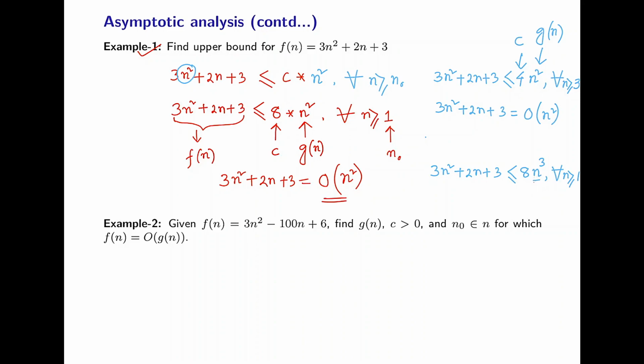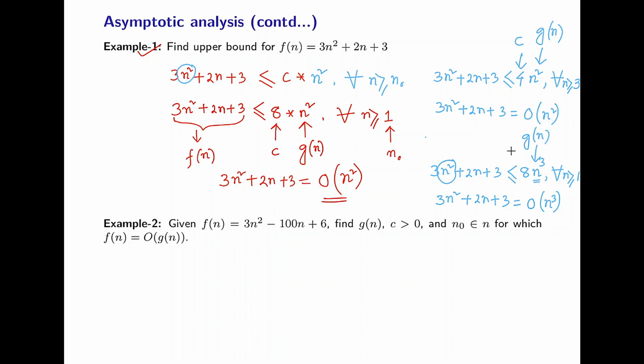Means I can write any term here that is greater than or equal to the highest order term, excluding the coefficient. So in that case, I can write 3n square plus 2n plus 3 equals big O of n cube, because g(n) is now n cube.